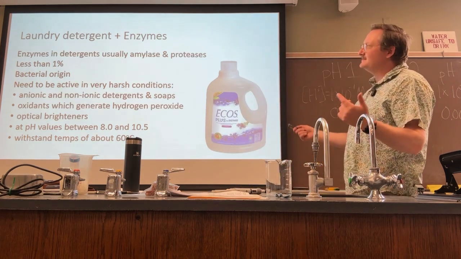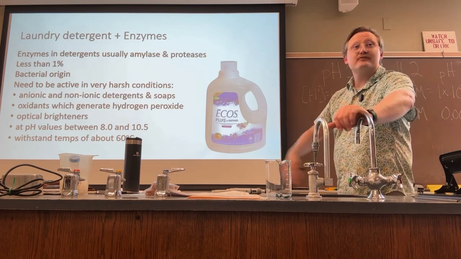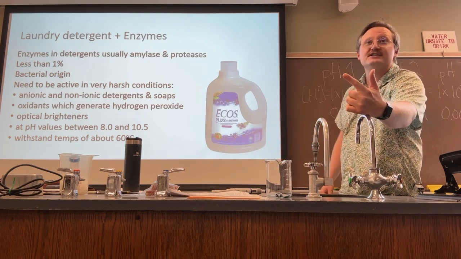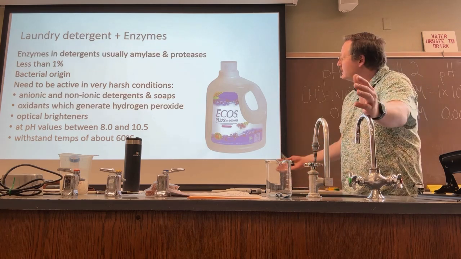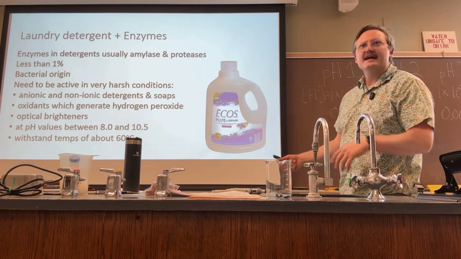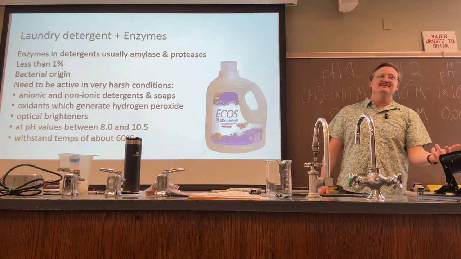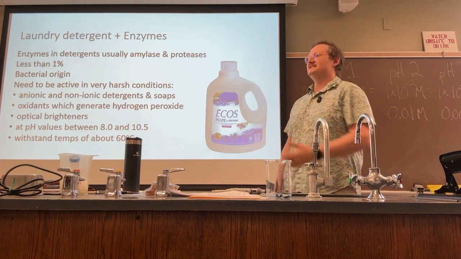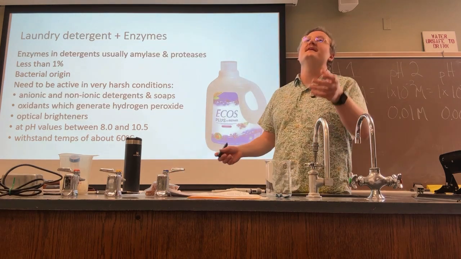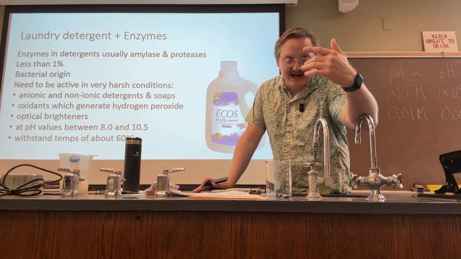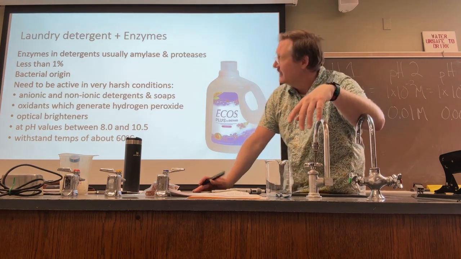So enzymes and detergents, great. They break down proteins, starches, and carbohydrates, and get your clothes cleaner, okay? You already know detergents are pretty good at breaking down hydrophobic substances. How about some enzymes in there as well that break down things within the hydrophobic substance, like a protease, that breaks down a protein.